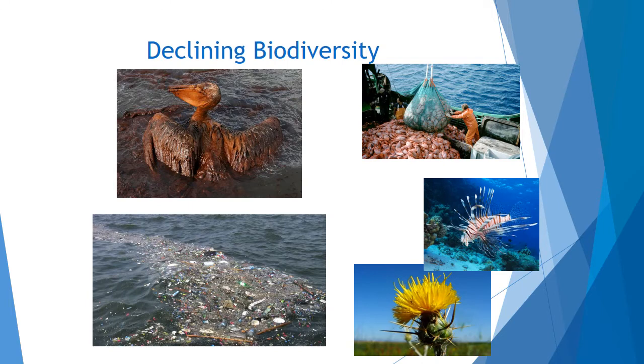The lower picture down here is another example of pollution. It is a picture of the Great Pacific Garbage Patch. Basically, there is an area of water in the Pacific Ocean where all of these currents circle around and make this large circle.